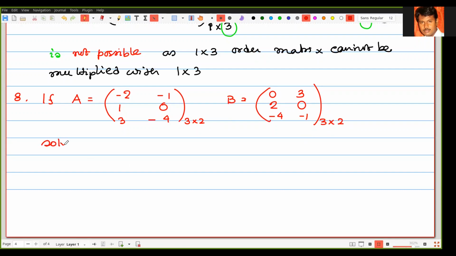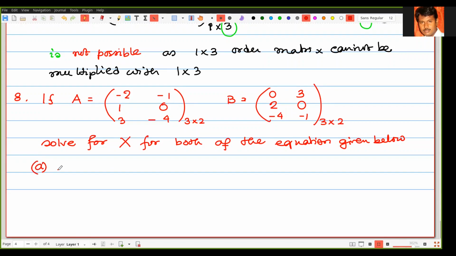Now we have to solve for the matrix X for both of the equations given below. The very first one is 2X plus 3A is equal to B, and the second equation is 3A plus 6B is equal to minus 3X. Let's proceed with the solution.